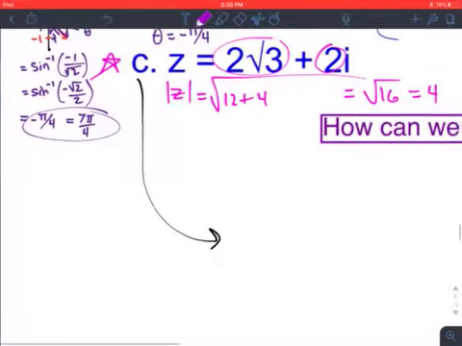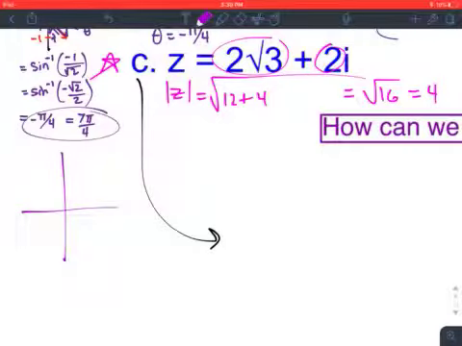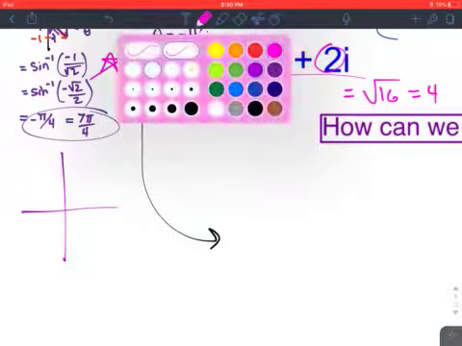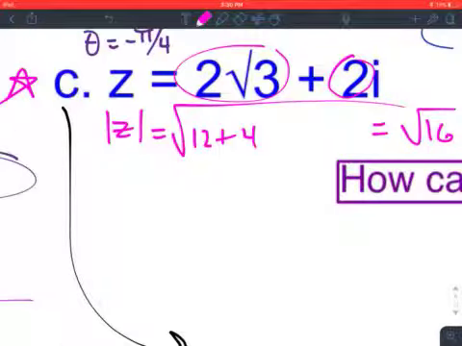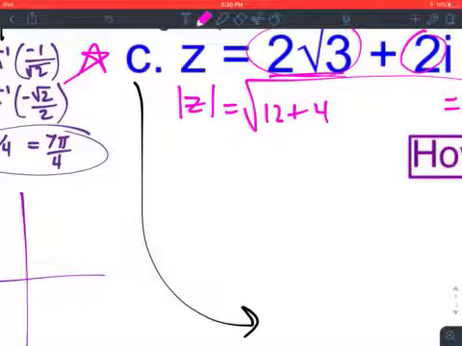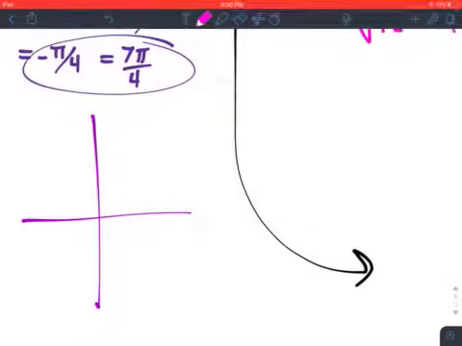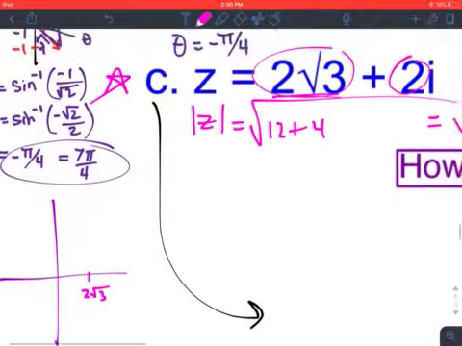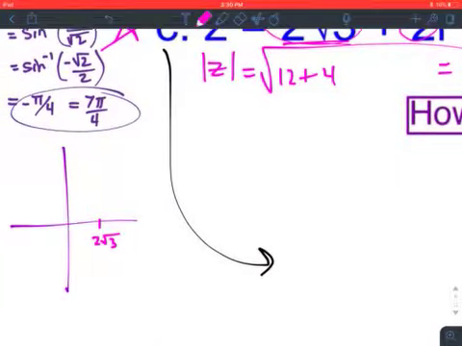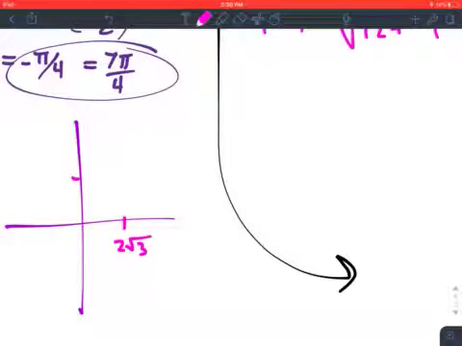If we want to find theta, we are going on the real axis 2 root 3, and on the imaginary axis, we're going up 2. So our vector looks like this.